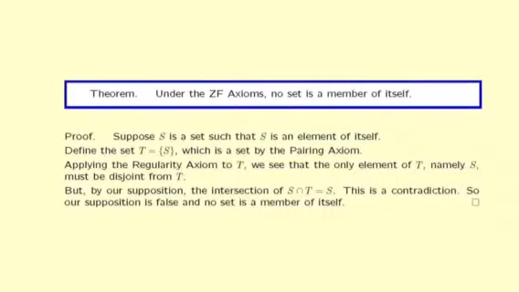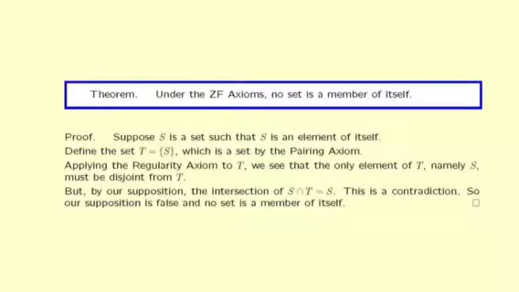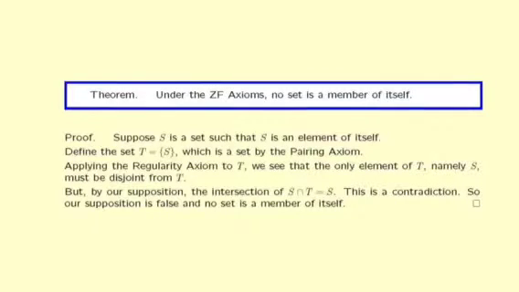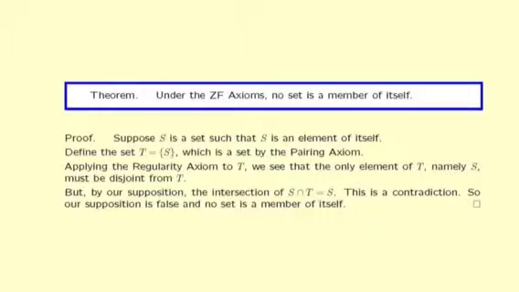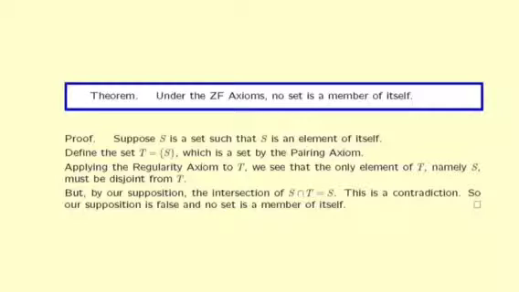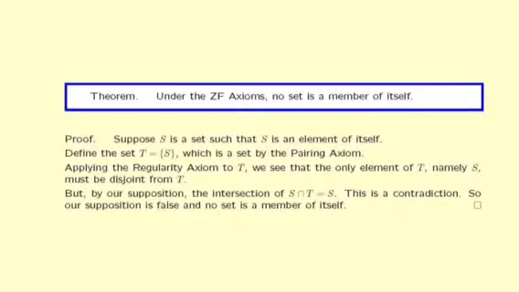But T has only one element, namely S. And so S intersect T must be empty. But this is not possible. By our assumption, S contains itself.